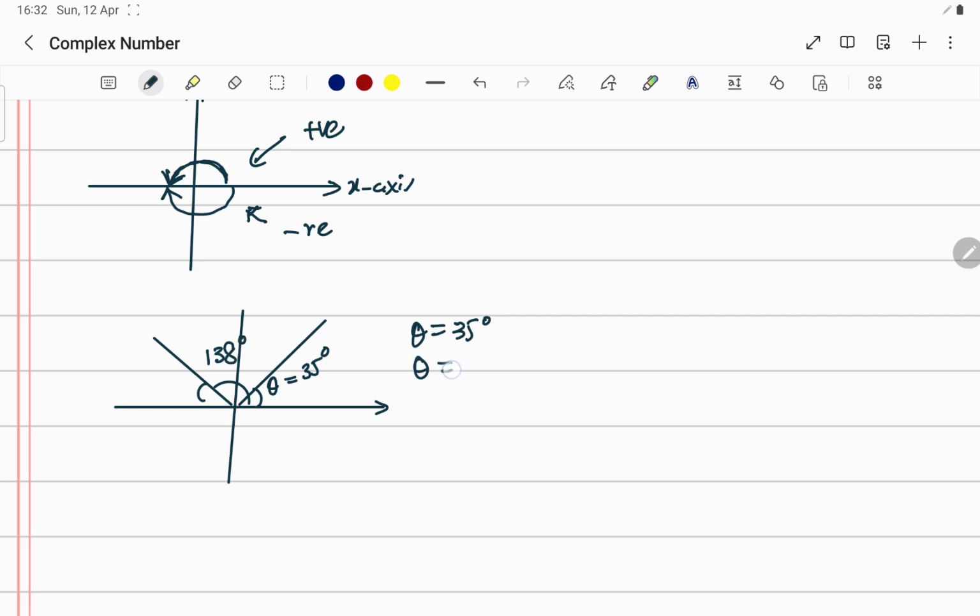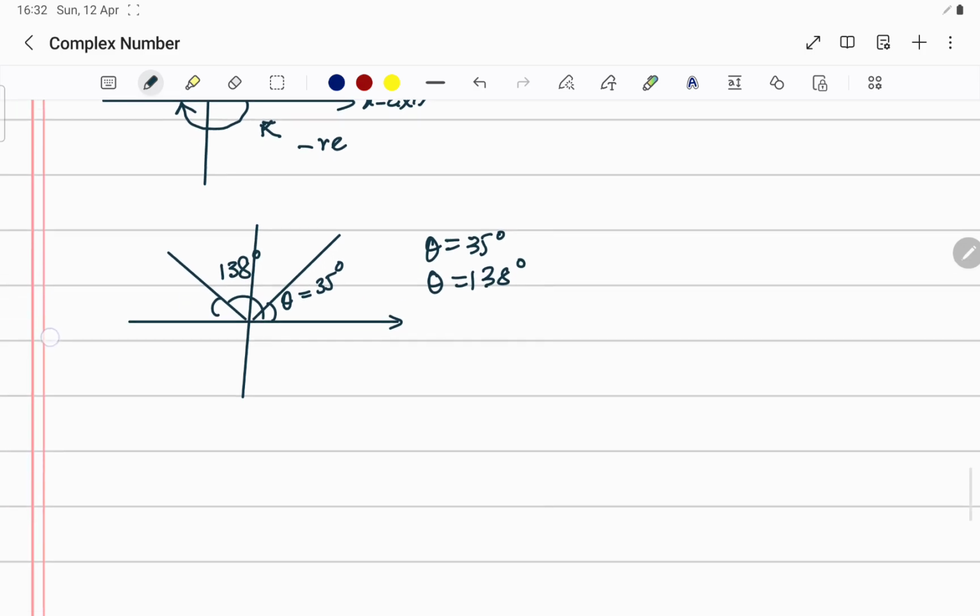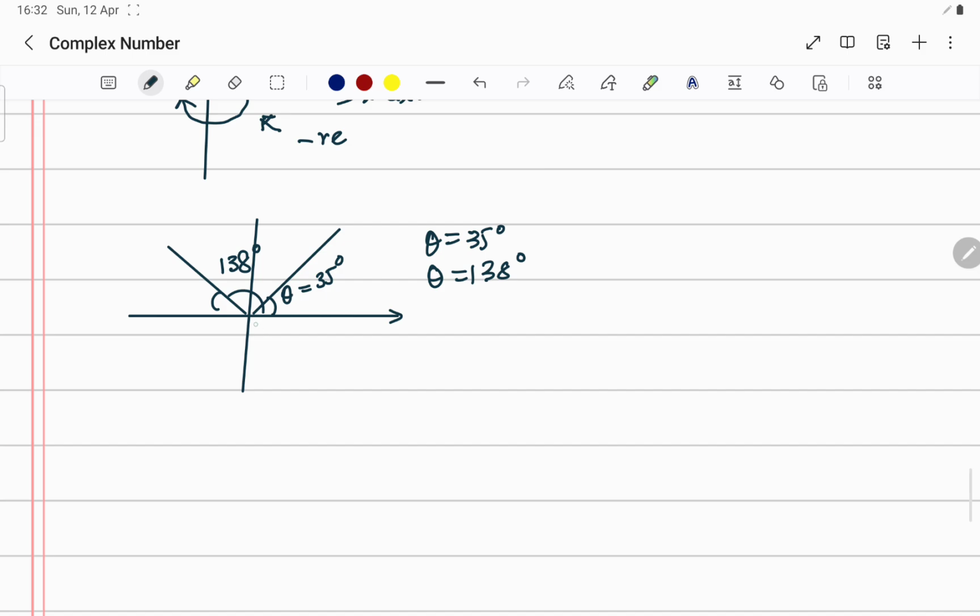So you can put theta equal to 138 degrees. But then let's say you get one below, let's say this is your angle, starting from the x-axis until the line that you have here. The angle is, let's say, 58. So if you get 58, by right, inside theta you have to put negative 58. Why? Because it is below the horizontal axis, below the x-axis.